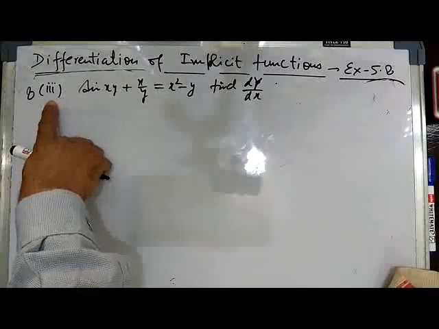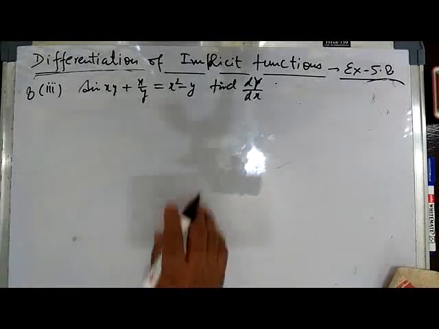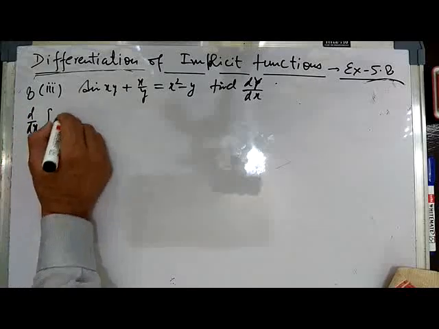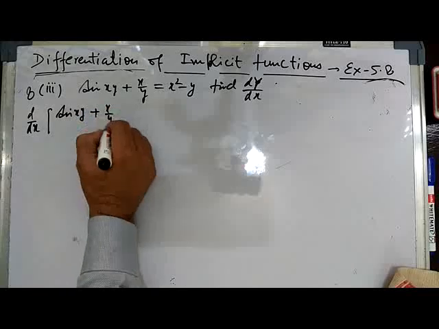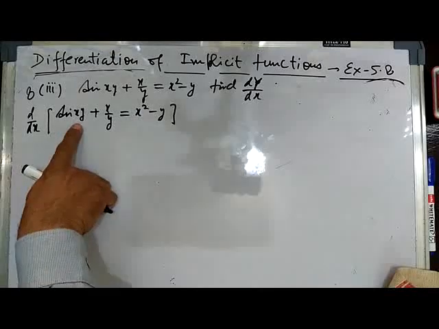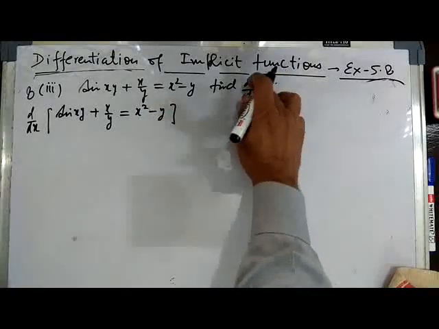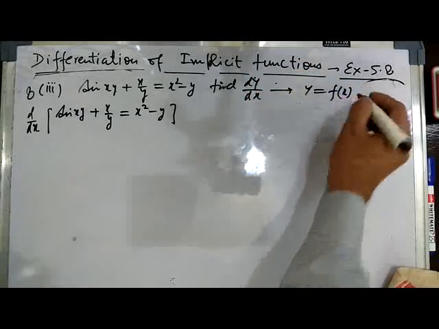Now I would like to take question number 8, third part. This one, as you are seeing, you can also consult from your book. To find dy/dx, we apply the differential operator over this equation, x/y = x² minus y. Remember, on this side both x and y are coming, and since we have to find dy/dx, we have to assume that y is a function of x.